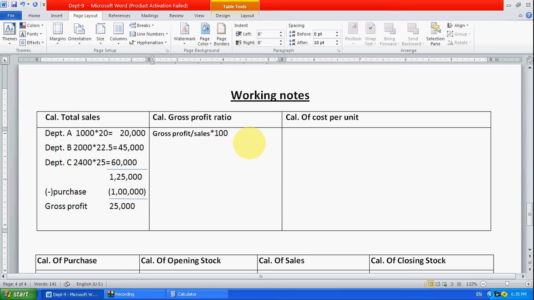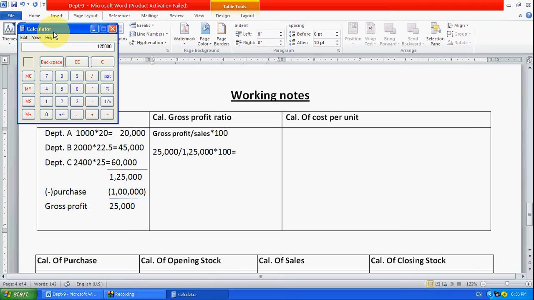Here we have to write the gross profit. Gross profit is 25,000, divided by sales. Sales how much? Total sale is 1,25,000. So right here 1,25,000 into 100. Let's calculate on the calculator.